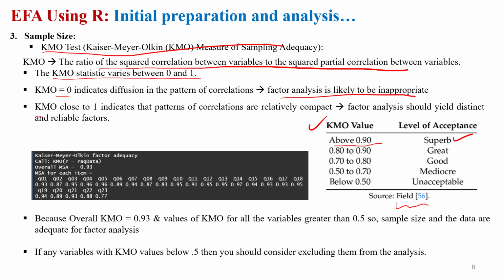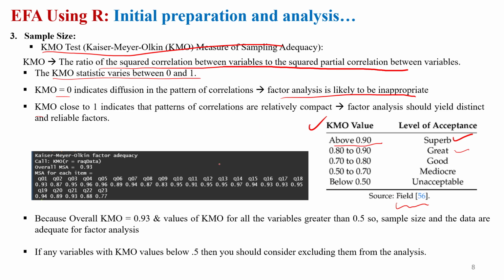If it is between 0.8 and 0.9, it's great. But usually it is said that if your KMO value is more than 0.5, it is acceptable. Mostly people also talk about more than 0.6 being acceptable. So it should be at least 0.5.